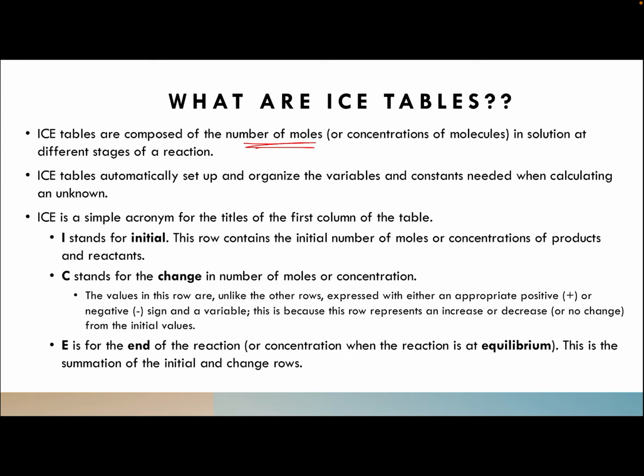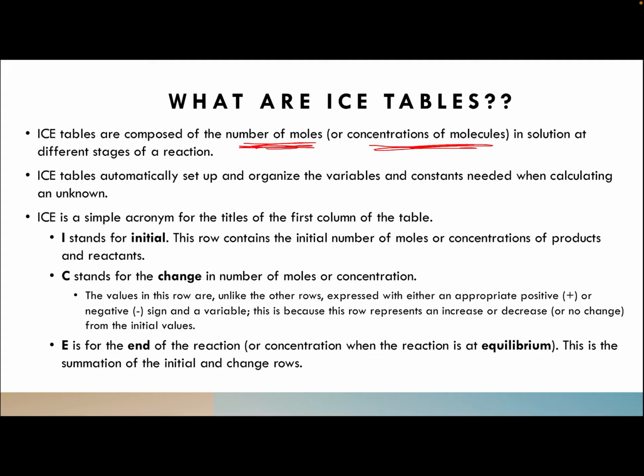When we get into equilibriums, a lot of times we'll use the concentrations as moles, but this is just because the volume isn't changing. In the problems that we're doing right now, sometimes the volume changes, sometimes it doesn't, and it actually is going to simplify your life if you just use the number of moles. But you may see it in later chapters using the concentration of molecules, but again, it's because the volume isn't changing there. That's why we can do that.